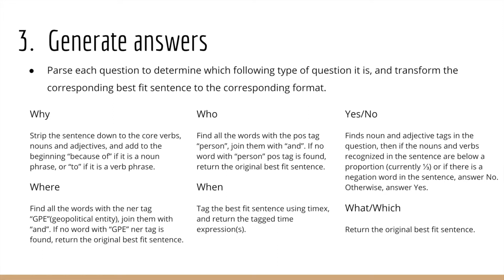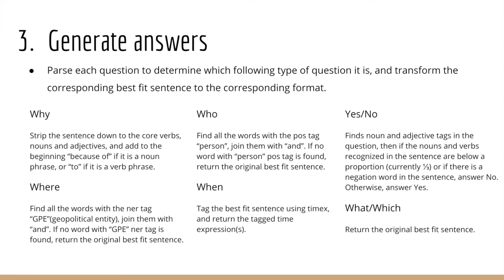For who type questions, we find all the words with the POS tag person and then join them with the conjunction and. If no word with the person POS tag is found, we just return the original best fit sentence. So for an example with the question, who went to the store, and the source document containing the sentence, Pavi and Gina went to the store, we transform the best fit sentence to Pavi and Gina.